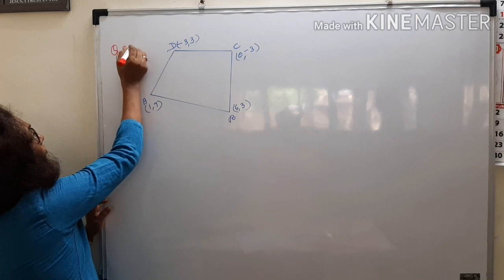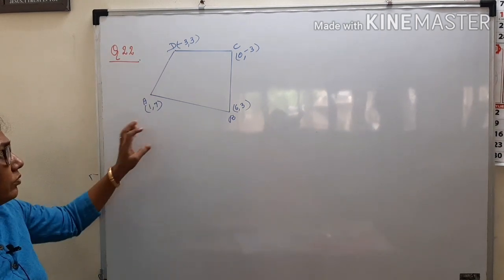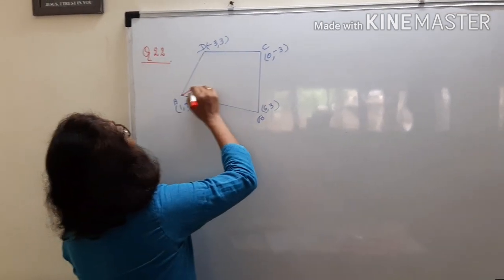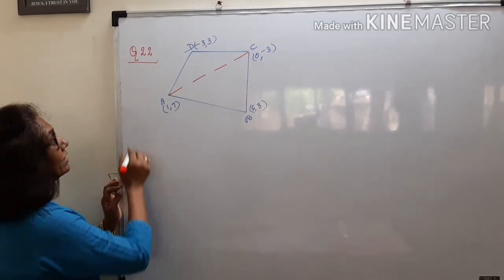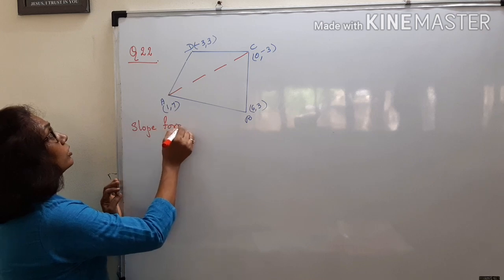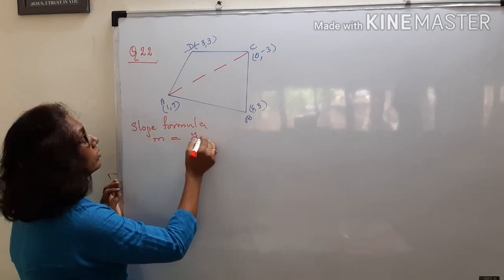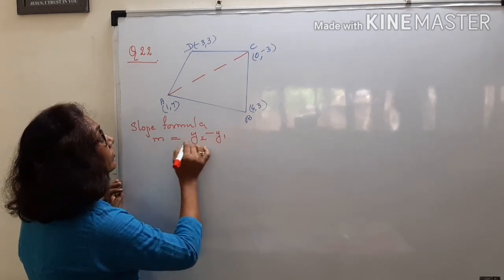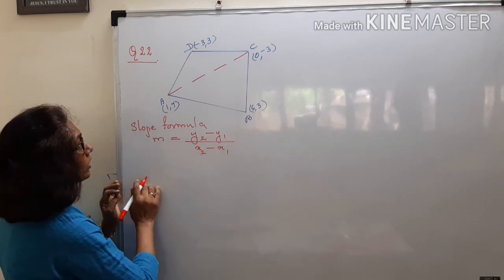Question, children: we have a quadrilateral, vertices given. We are asked to find out the slope of the diagonal. So, AC the diagonal, we have to apply the slope formula. What is the slope formula? M is equal to y2 minus y1, that is the difference in the y coordinate, upon x2 minus x1.